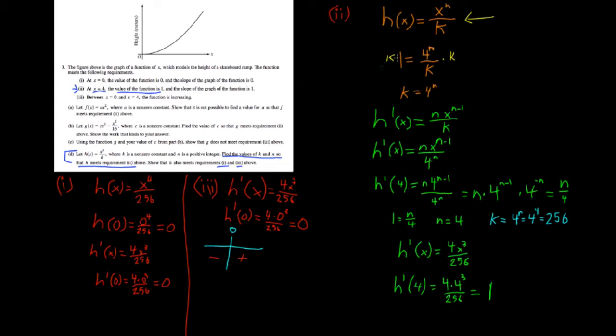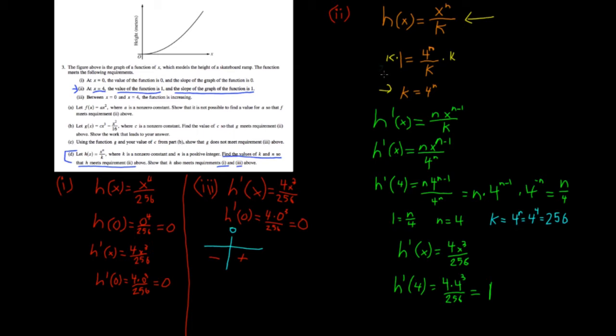So k is equal to 4 to the n. Alright, so the next thing that we need to do is show that the slope of the graph of the function is 1. And so at this point we know what k is, but we still don't know what n is.